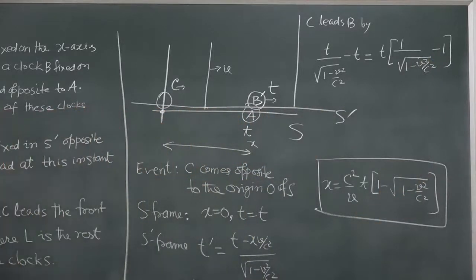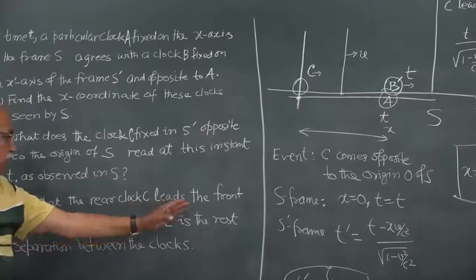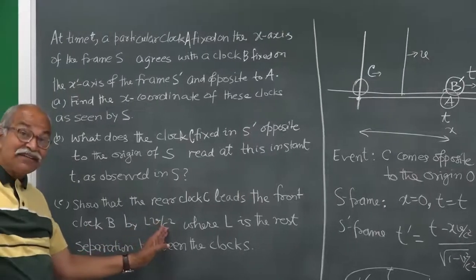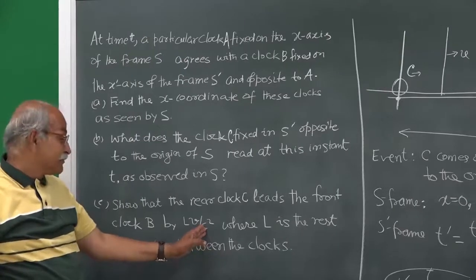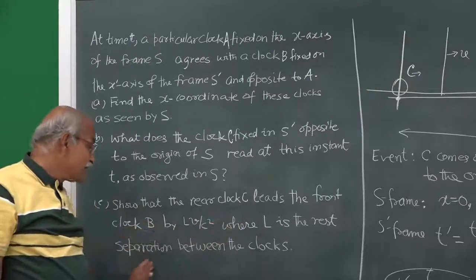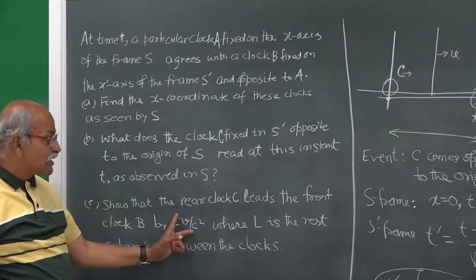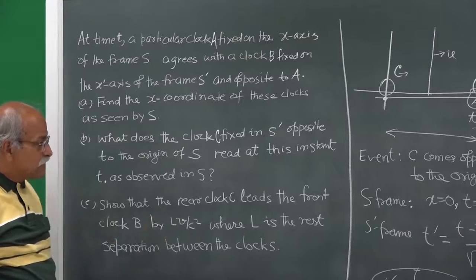And then you want to show that this rear clock C leads the front clock B by L V by c square, that we have studied, synchronization of clocks, where L is the rest length between the clocks. So, let us calculate this L times V divided by c square.